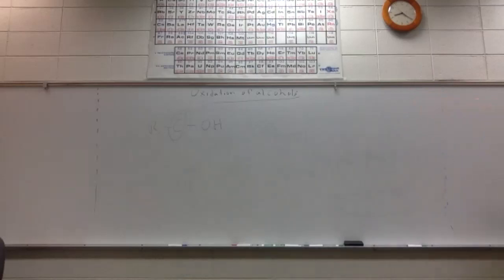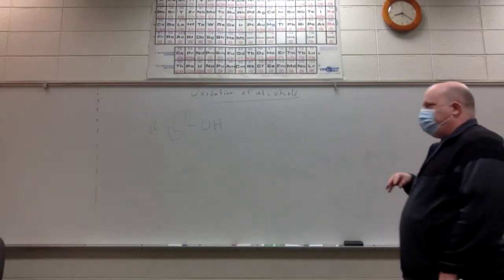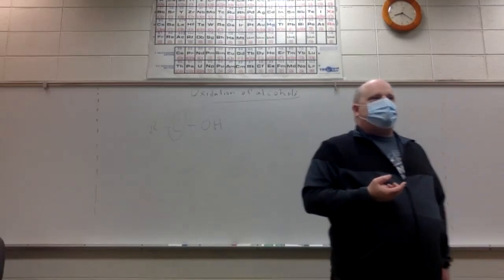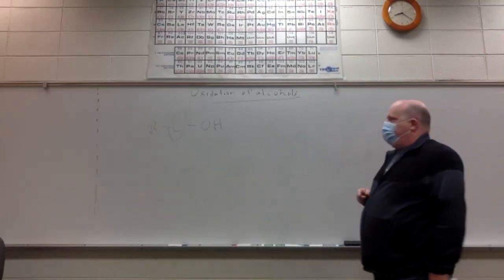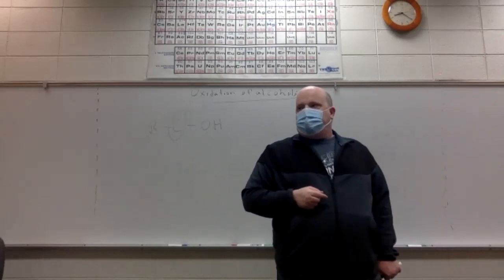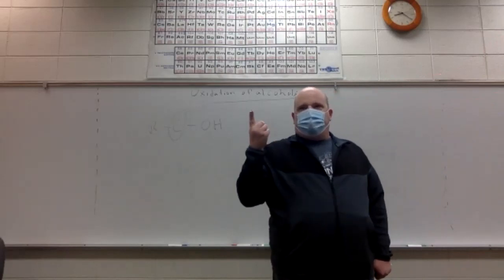If we oxidize that carbon, what other types of species do you think we could make out of it? Think about it. As you oxidize an atom, you increase C-Z bonds and or decrease C-H bonds, right? How many bonds do we have in this case to an electronegative atom? Just 1, right?